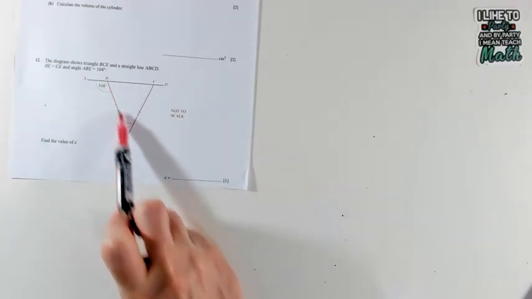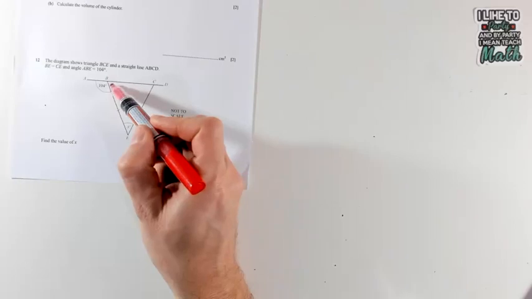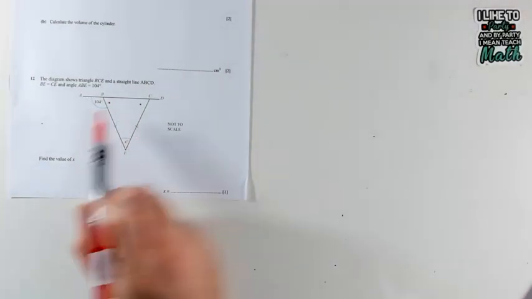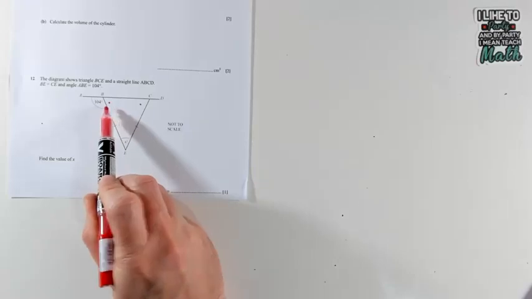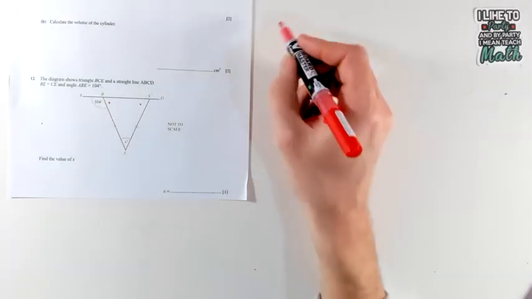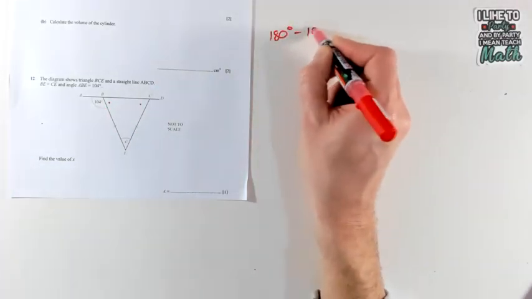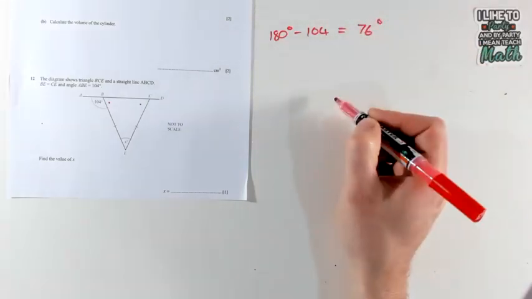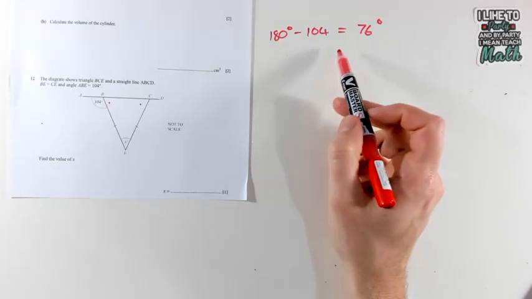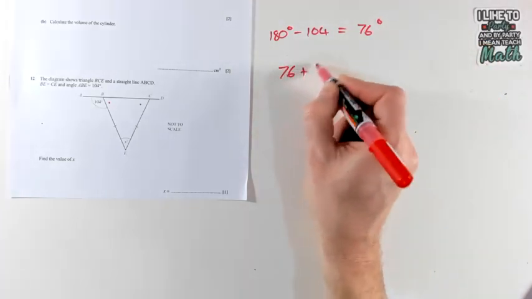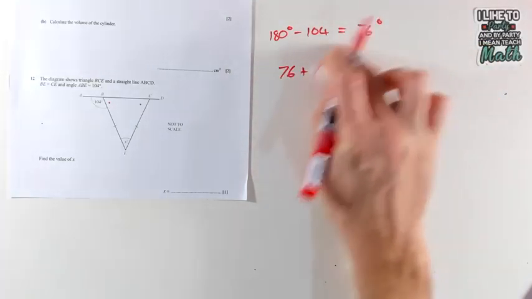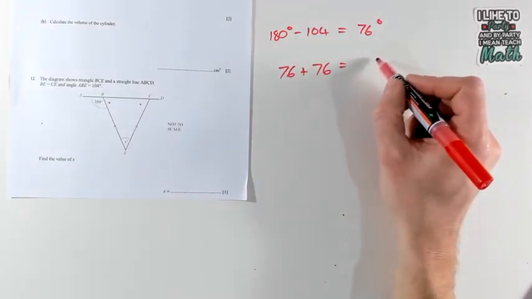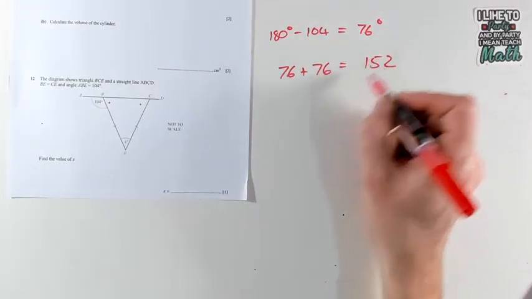Now, special about this triangle, it's an isosceles triangle, so I know this angle and this angle are going to be the same. So first of all, I'm going to do 180 minus 104, and that should give me 76. So 76 plus 76, that's going to give me 152.